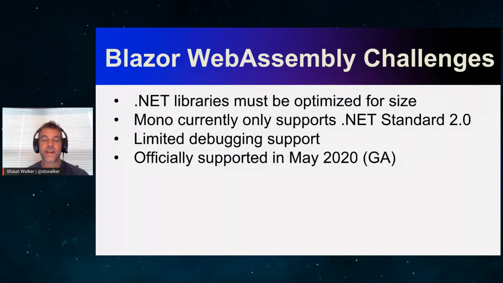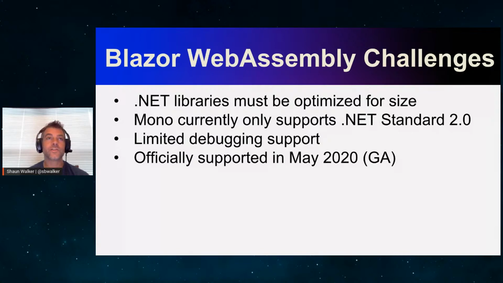So what are some of the challenges around Blazor WebAssembly? Well, .NET libraries. If you're imagining that when you're running Blazor WebAssembly, those DLLs need to be downloaded to the browser. And if you think about this, traditionally, DLLs were never expected to be transferred anywhere, right? They were meant to sit in the application bin folder and just be processed. So the size of the DLLs was never really an issue in the past.